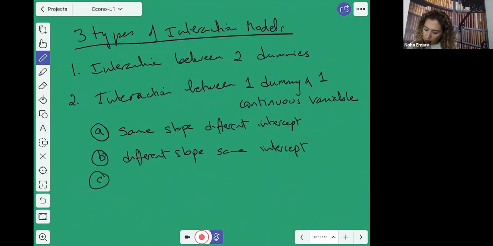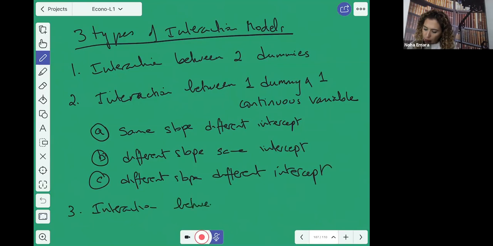And as you might expect, there's different in both, different slope, different intercept, right? And then the last one, interaction between 2 continuous variables. Okay, so let's start with the first one, which is I have 2 dummies.